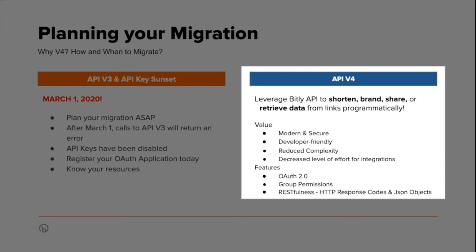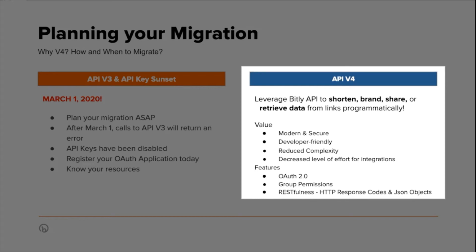Some of the value behind it. It's a little more modern and secure. It's developer friendly. We've reduced the complexity and we've decreased the level of effort for integrations. And we've done this by adding key features expected of modern APIs today, including OAuth 2.0, group permissions, and more restfulness behavior.